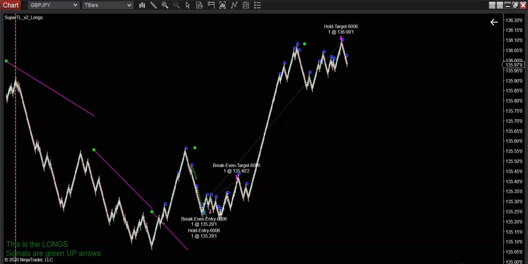Now there's a second piece of text right over here that says break-even target. What the strategy does for you, without you having to fuss around with the mouse, is figure out what your break-even target is on this trade. Makes sense? So in this particular trade, not only did we take a nice entry where the trend line said we should, we also got to break even fast.